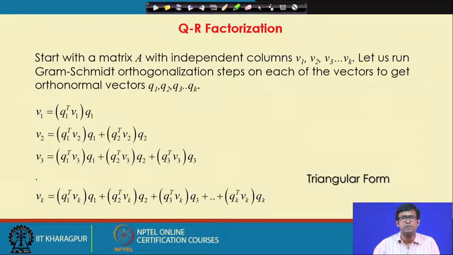The relationship between v1 and q1: q1 is a unit vector, so q1 dot v1 is basically the length of v1, a vector dotted with a unit vector in the same direction. For q2, take v2, project it along q1, and subtract that part from it.